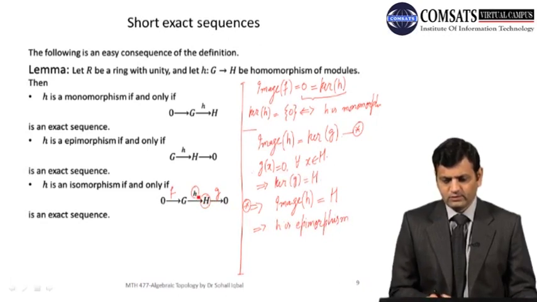So if h is a monomorphism and an epimorphism, this implies that h is an isomorphism.